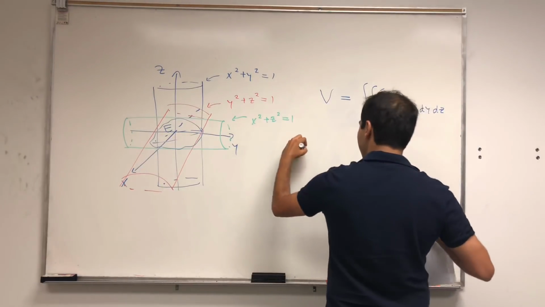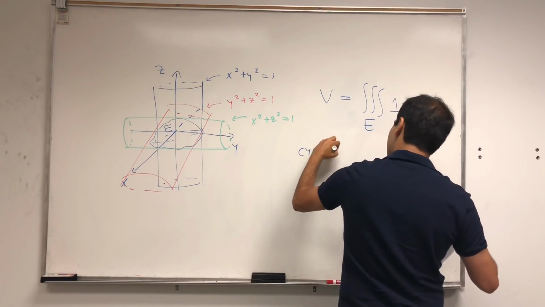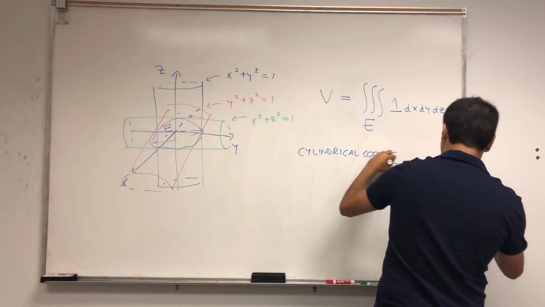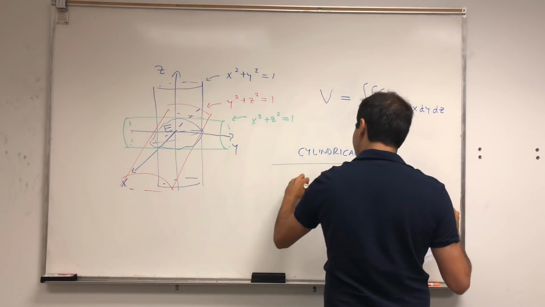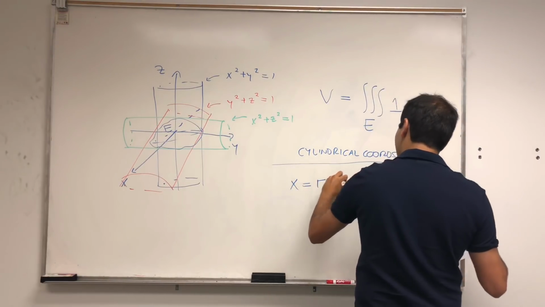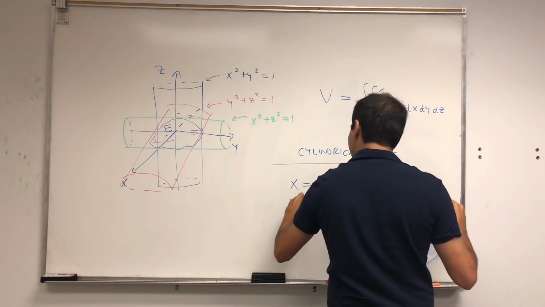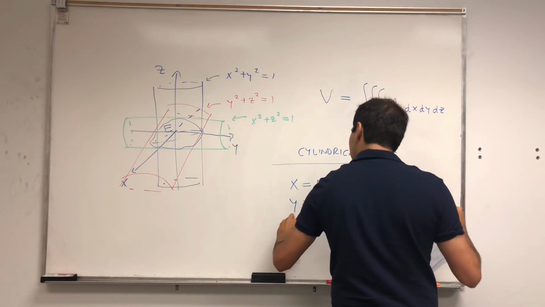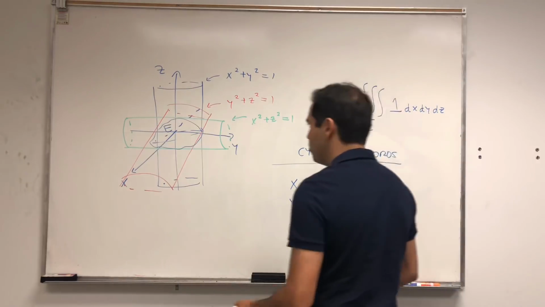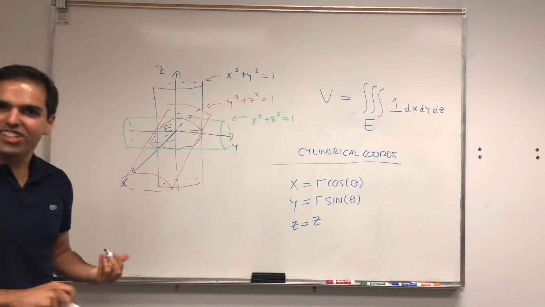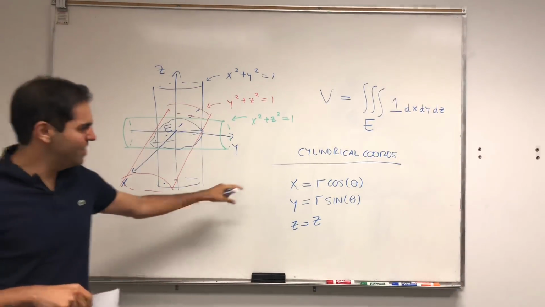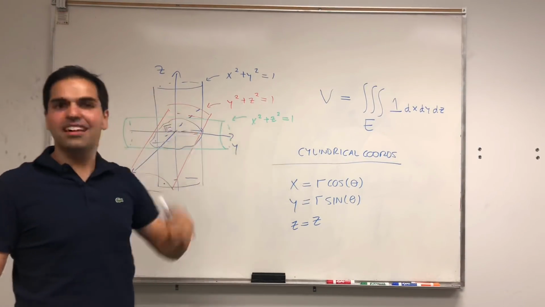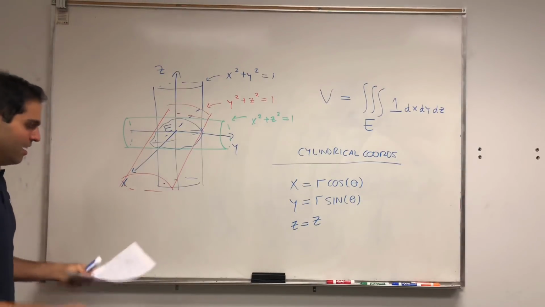We want to use cylindrical coordinates, which says that x is r cosine theta, y is r sine theta, and z equals z. I think it's a great generalization of polar coordinates in R3, because the first two equations are like polar coordinates, and the last one is just the same.